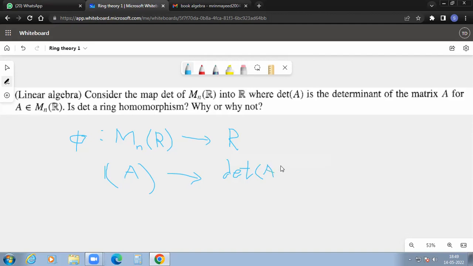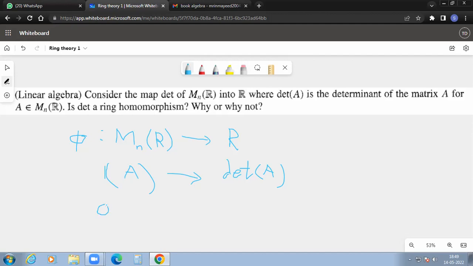There is no remedy here. Okay. So if you apply phi on this A, output is determinant of A. So will this be a ring homomorphism? Means what? Will it preserve addition? Will it preserve multiplication?